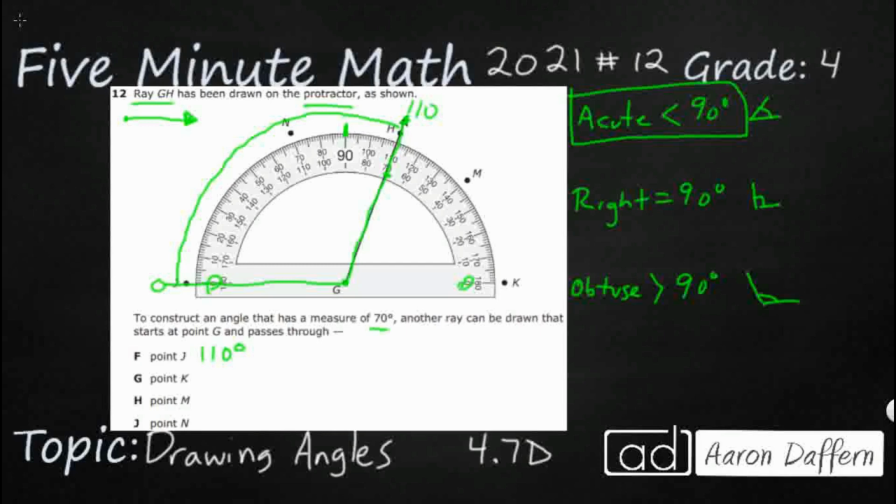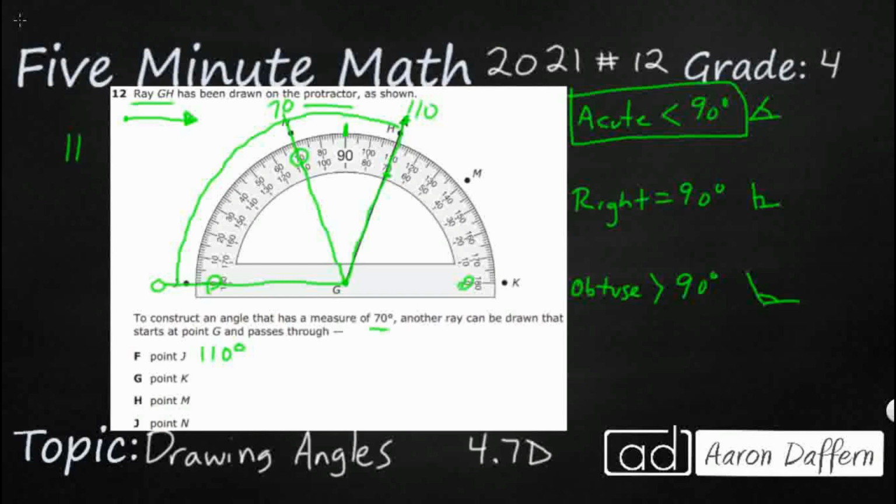Let's look at this N right here. And so we're going to draw right there. It goes through 70 and 110. And we can either choose inside or outside. Let's go ahead and choose outside since my 110 out over here on H is on the outside. So here's my 70. So how do we do this when you don't have something that starts on 0? Well, you just subtract the difference between the two.